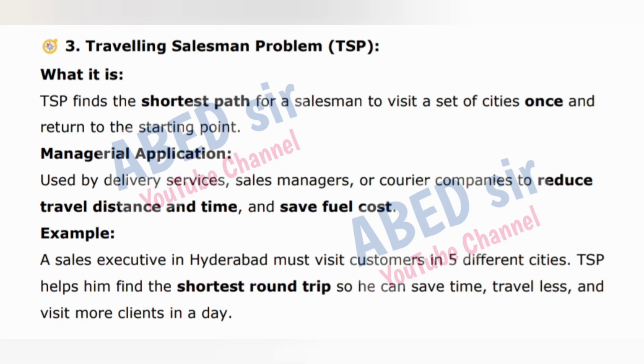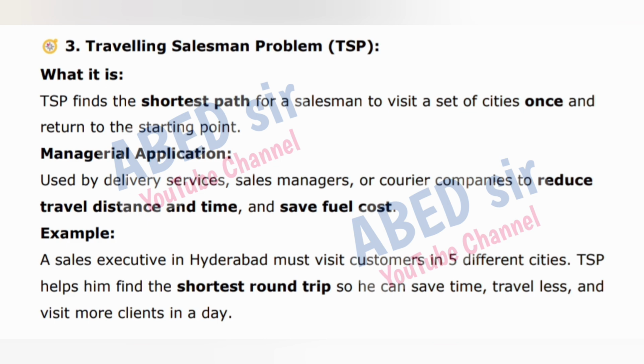3. Traveling salesman problem, TSP. What it is? TSP finds the shortest path for a salesman to visit a set of cities once and return to the starting point. Managerial application: used by delivery services, sales managers, or courier companies to reduce travel distance and time and save fuel cost.